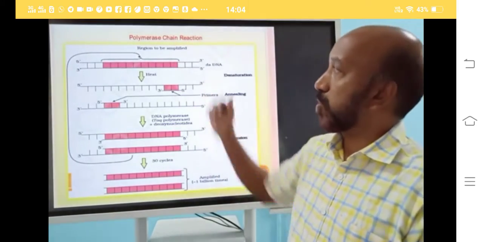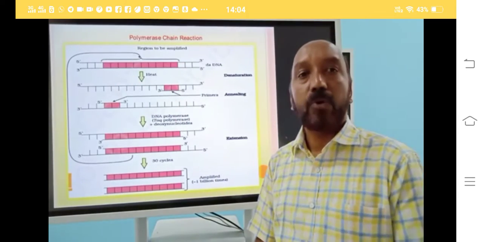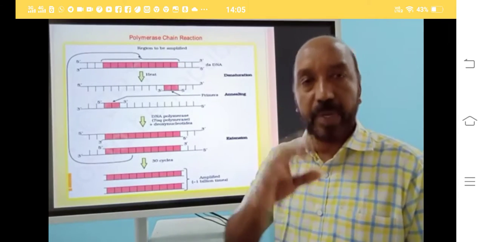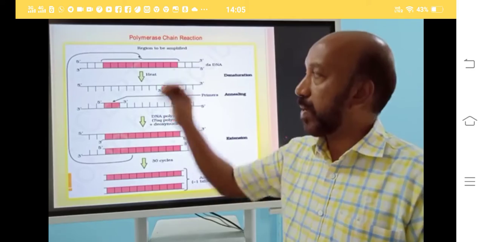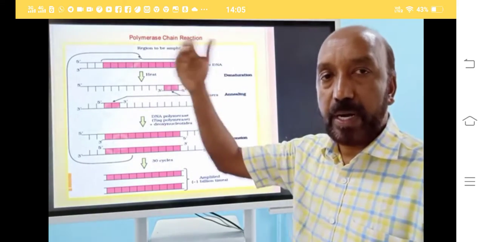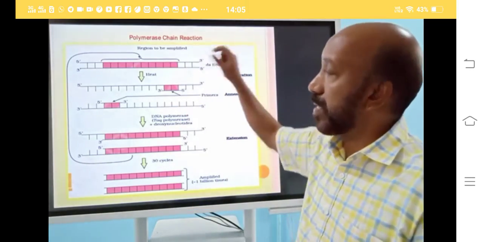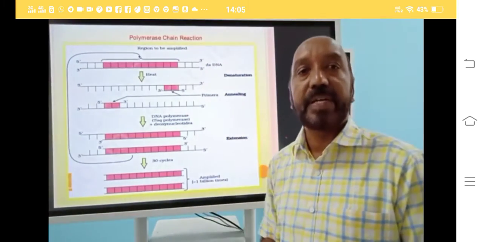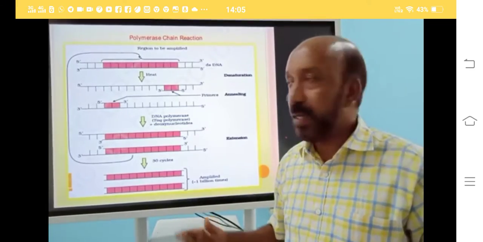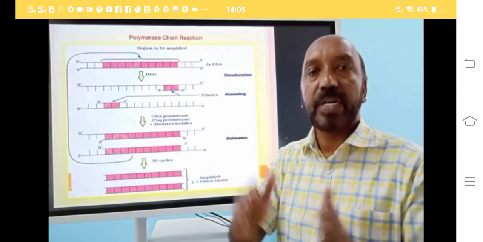Here, the first process is denaturation, and this is our recombinant DNA. If one copy is there, we keep it at a particular temperature. DNA normally cannot tolerate high temperature, but at the same time, we keep it at a high temperature, between 90 and 70 degrees Celsius. So what happens is denaturation, the separation of the double stranded DNA into single stranded ones.